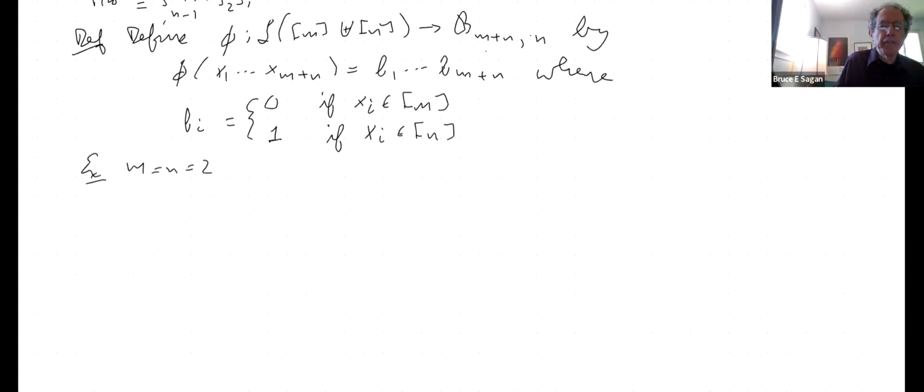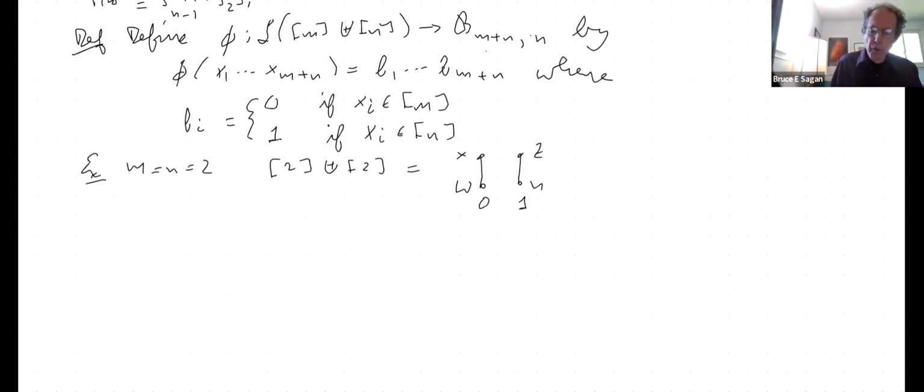So, right, we have 2 disjoint union 2, which I can think of as labeling things w, x, y, z. So think of this as the 0 chain, and this is the 1 chain. So therefore, if I had w, y, z, x as my extension, what would that go to?